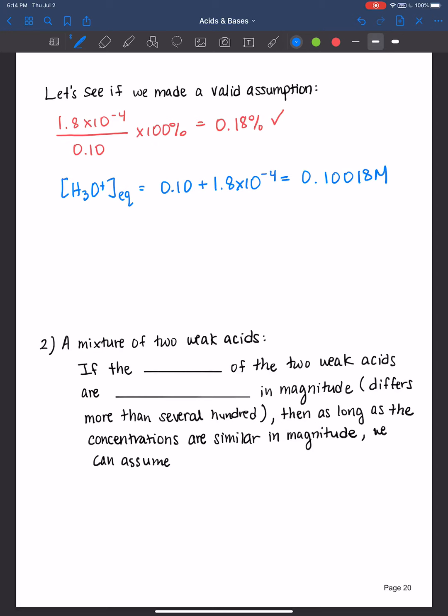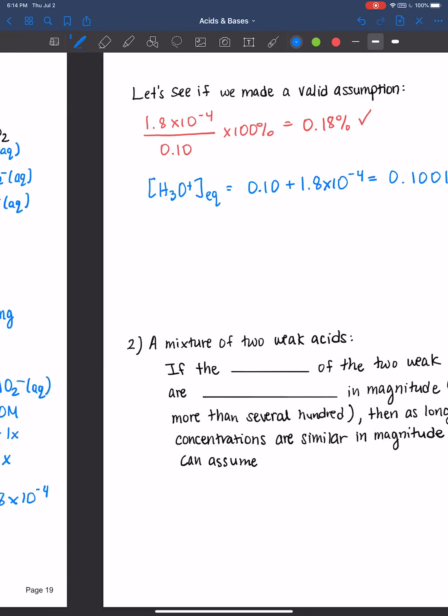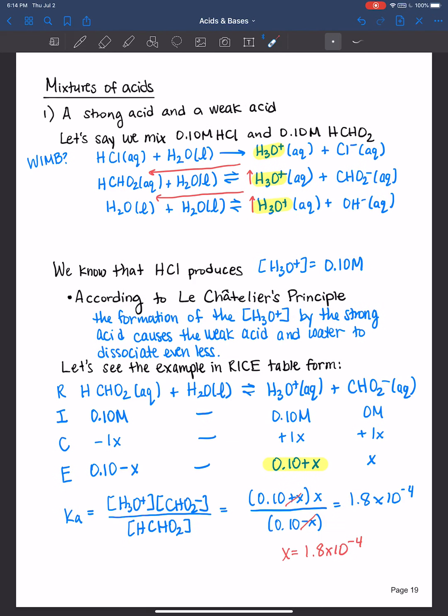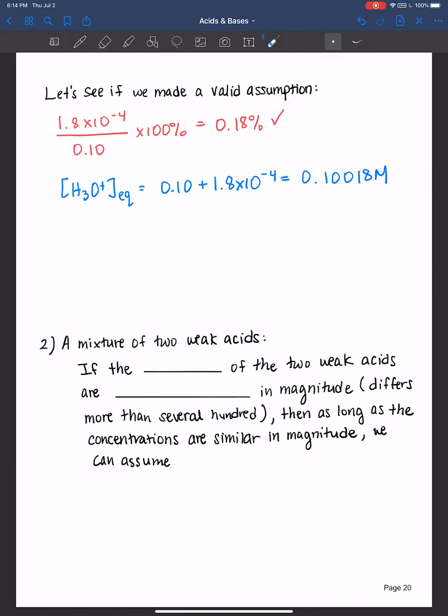And before even looking at the formic acid, we said that the 0.1 molar hydrochloric acid solution already produced 0.1 molar hydronium ions in solution. And so this did not add too much from the formic acid equilibrium. It's a pretty small amount here.